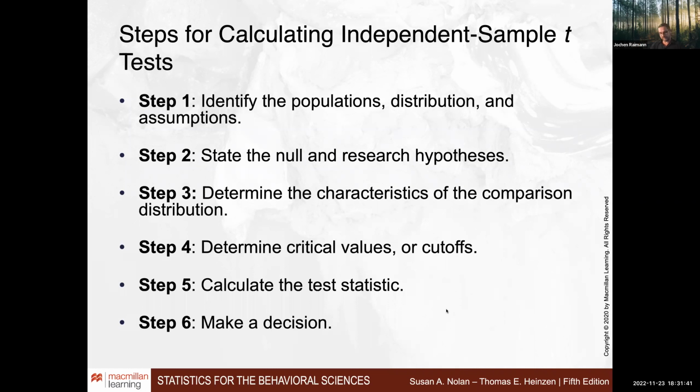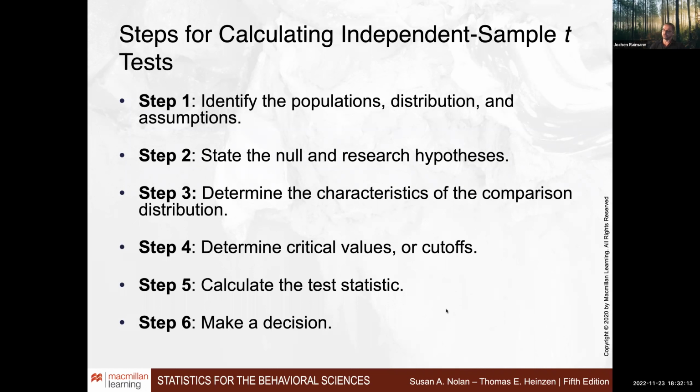But again, in 99% of cases, it will be a two-sided hypothesis, where the null hypothesis says there's no difference and the alternative hypothesis says that there's a difference in either direction. Then you determine the characteristics of the comparison distribution, and this is where you take the standard deviation and move this in the direction of calculating your standard error of the mean, where you characterize your comparison distribution of differences.